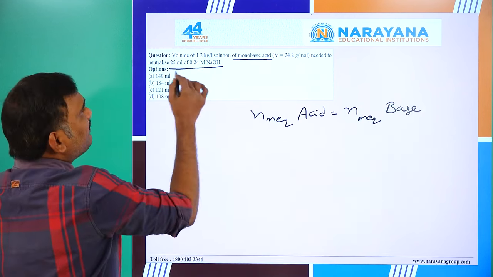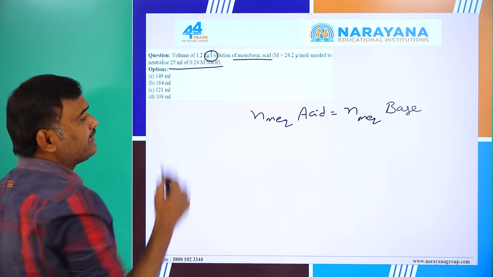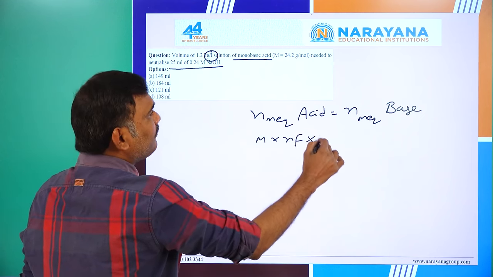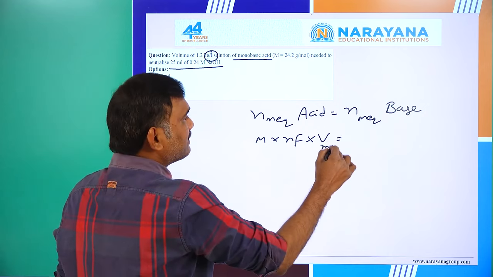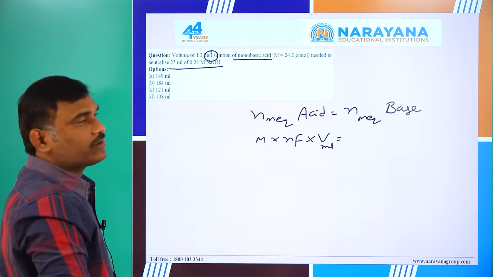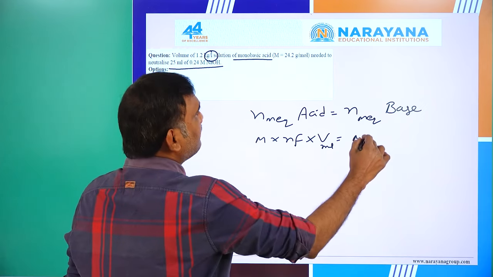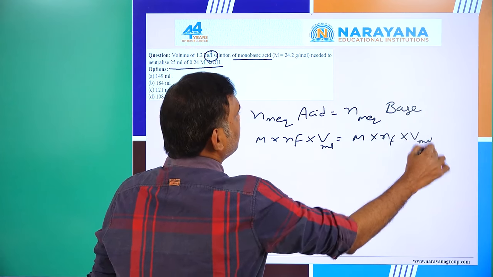Number of milliequivalents of acid, generally you can write, is molarity into n factor into volume in milliliters. And number of milliequivalents of base is molarity into n factor into volume in milliliters.